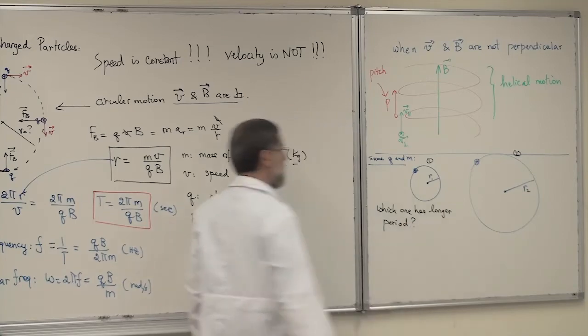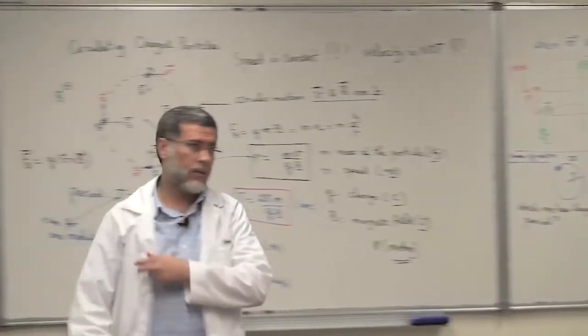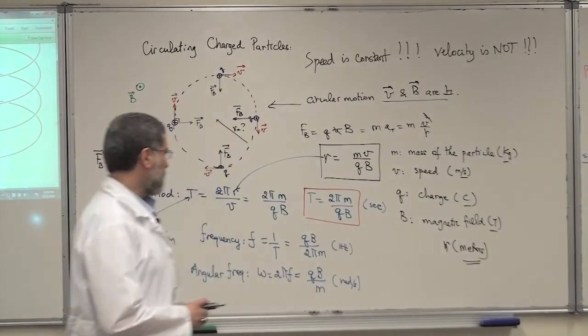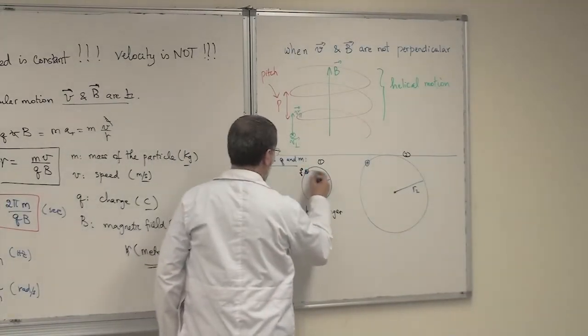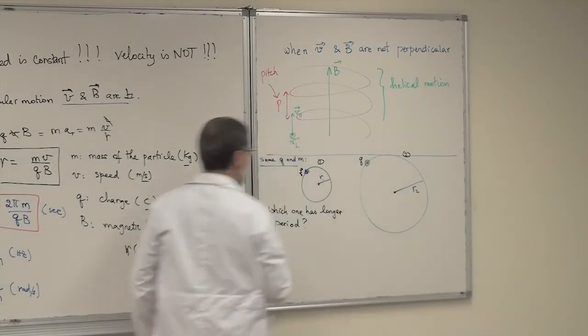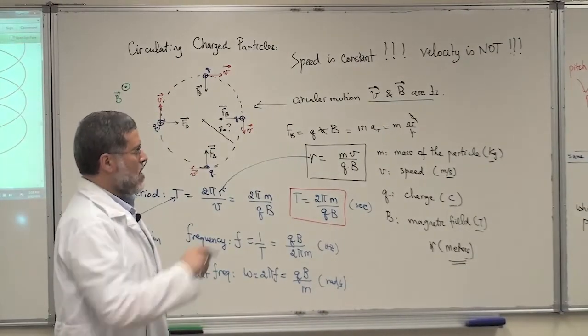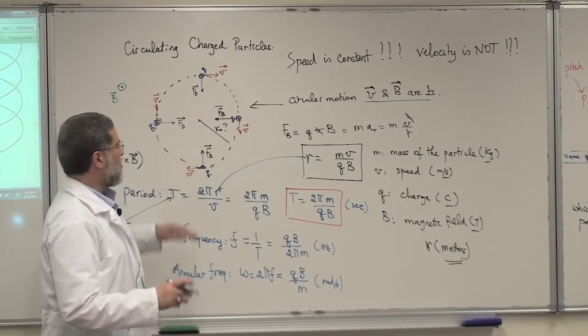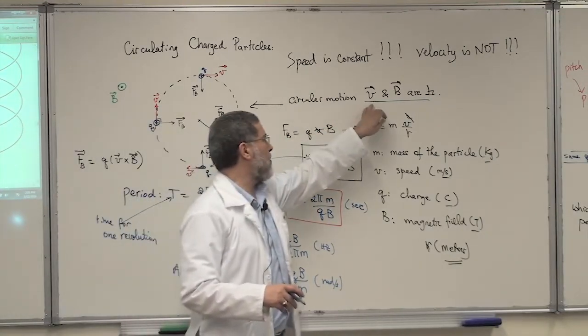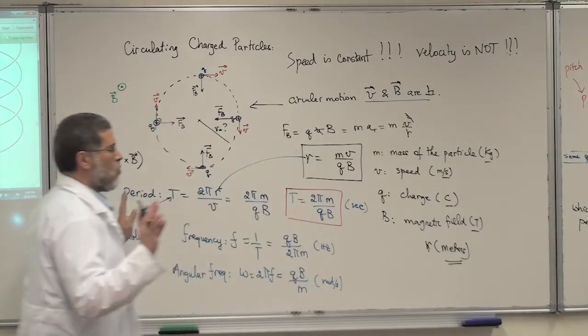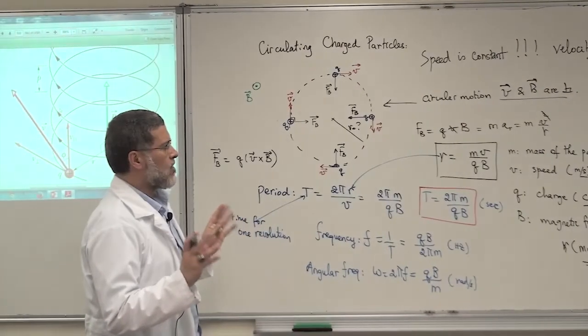Okay, that's the question. But you have to remember these two particles have the same charge and the same mass. Same charge and they are moving in circular motion. It means the V and B are perpendicular. I don't worry about that. I'm asking which one has a longer period.